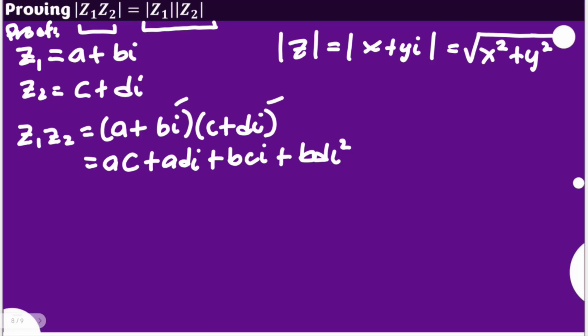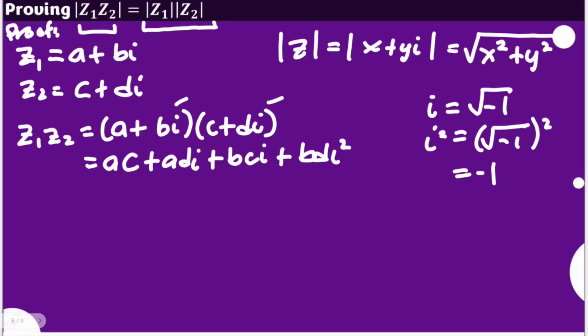And take note that if i is equal to square root of -1, then i squared is -1. Hence, this will become negative in its sign. So you will have here ac minus bd plus, factoring i, you will have (ad plus bc)i.